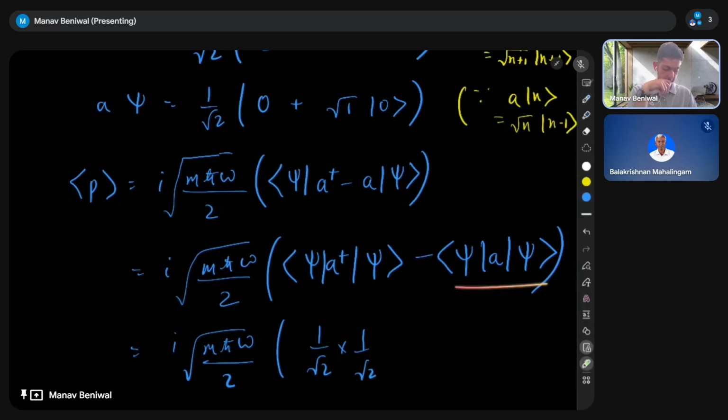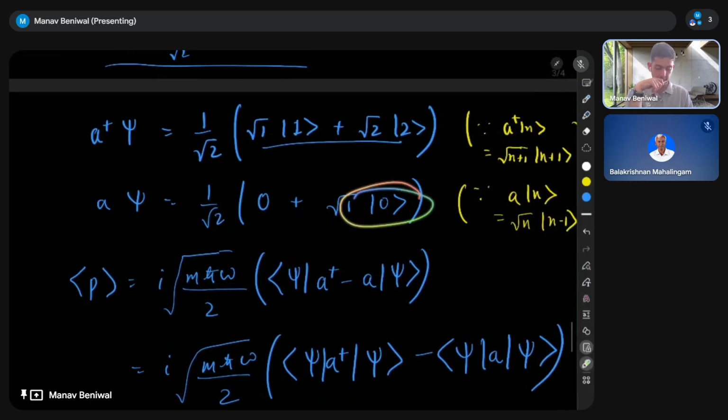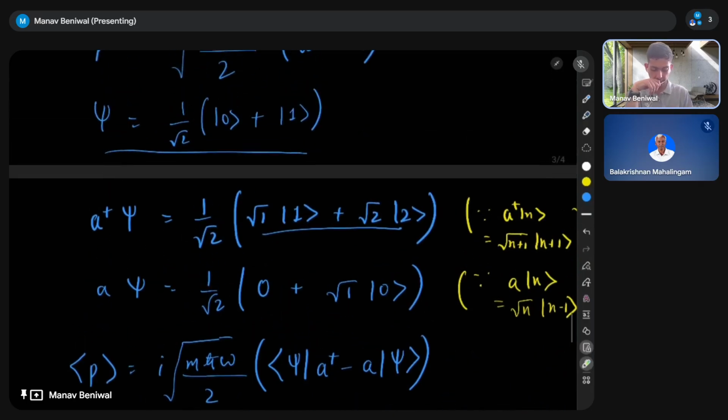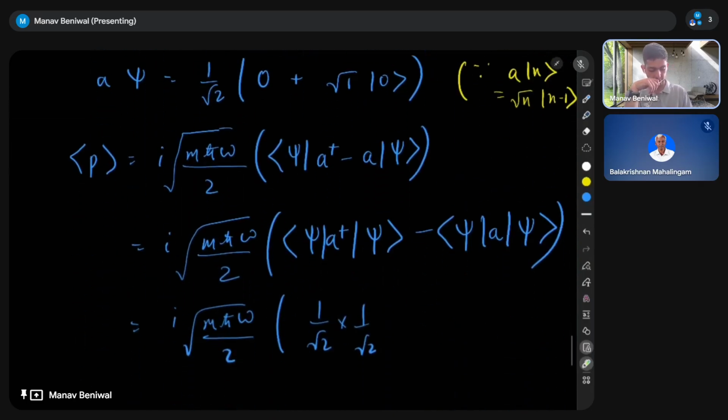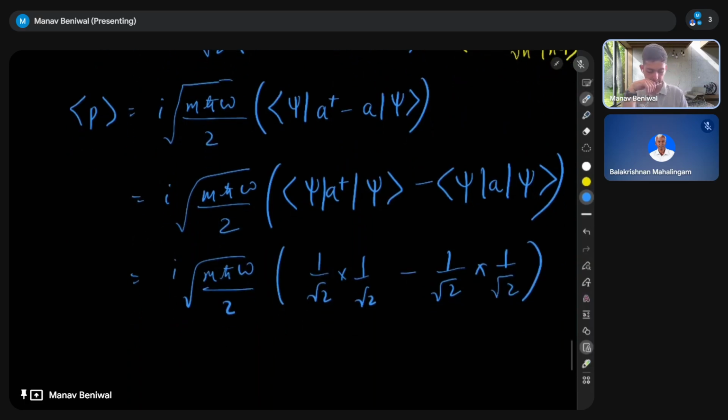Similarly, for psi times a psi, here we only have the 0th term with a prefactor of 1 by root 2, and here again we have 1 by root 2. So we'll have minus 1 by root 2 times 1 by root 2. So this is half minus half, so this entire term is 0. Therefore, the expectation value of p is 0.